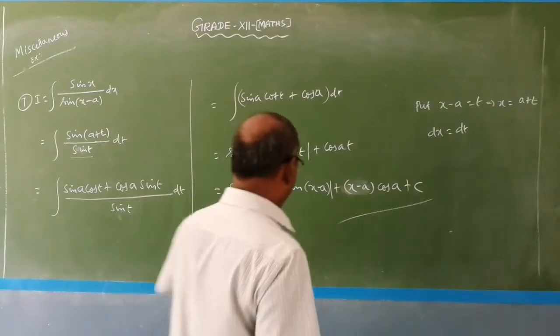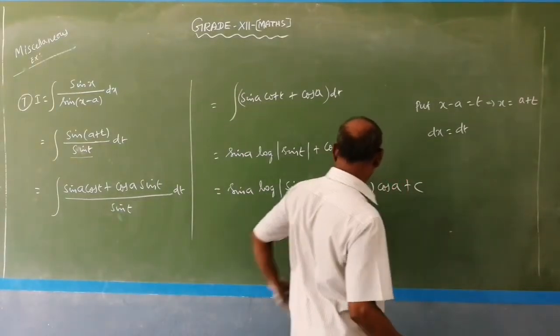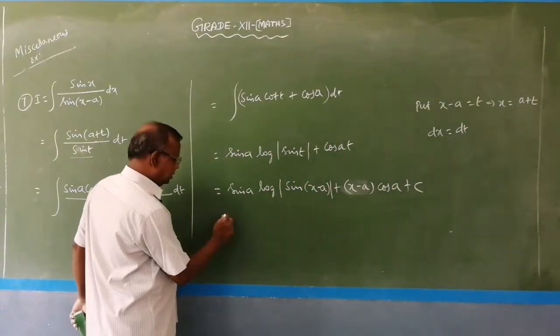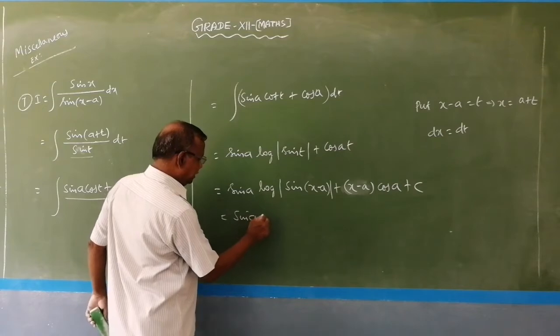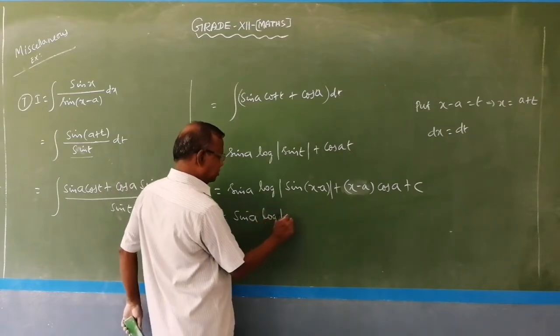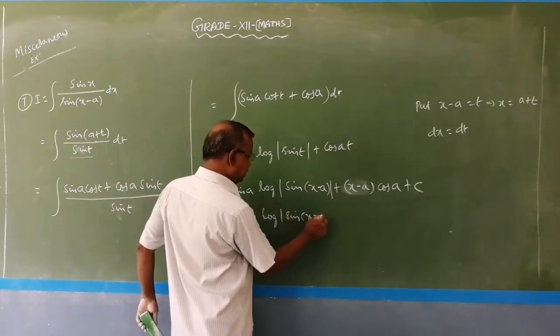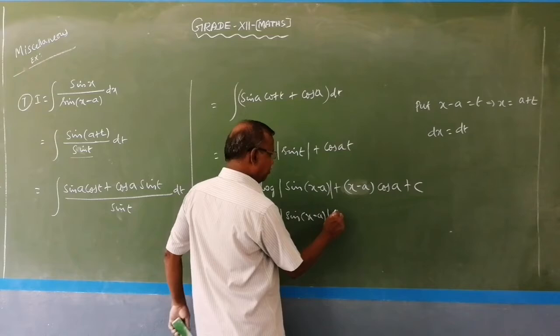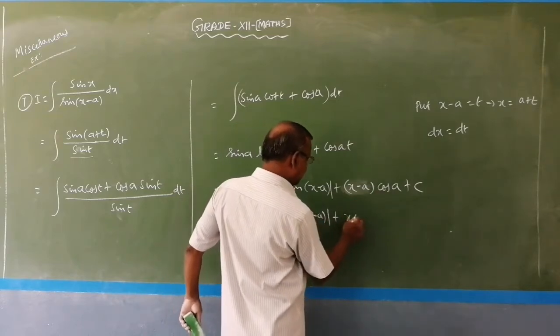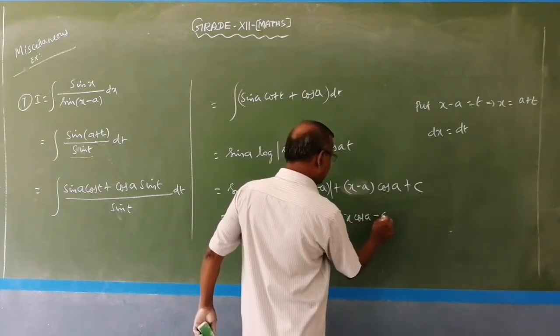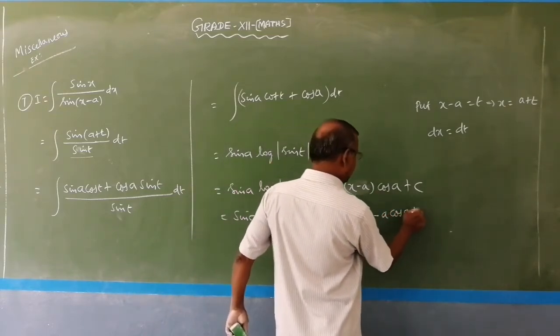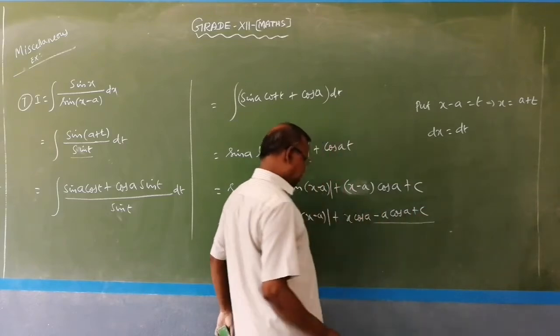You can further simplify this. This is equal to sin a into log of modulus of sin of (x minus a) plus x cos a minus a cos a plus c. So, these are all constants.